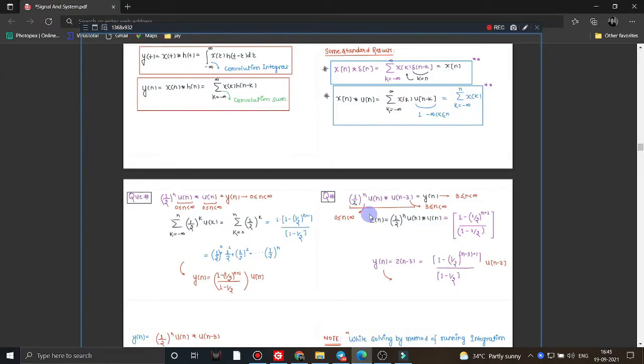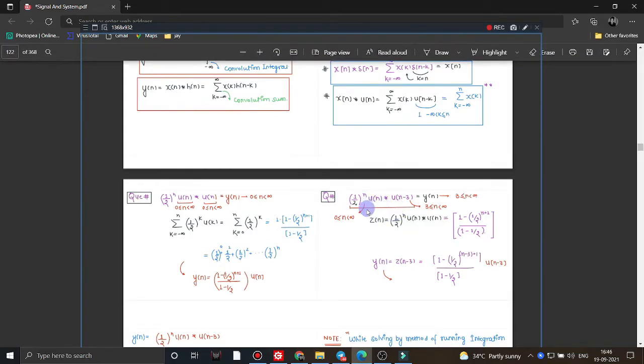Now moving to the second question. (1/2)^n u[n] convolved with u[n minus 3] is equal to y[n]. First we have to mark the range of this convolution.